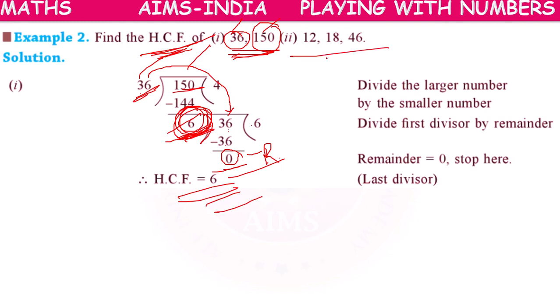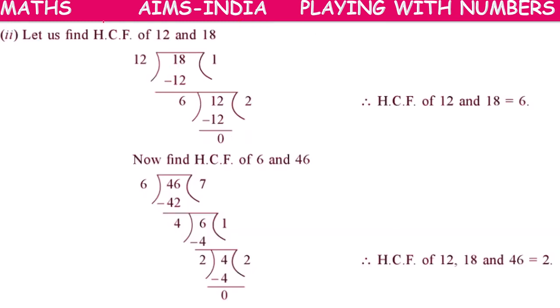Now this example: 12, 18, 46. We have to find the HCF of these 3 numbers. Let's take the smaller 2 numbers first, 12 and 18. 18 is bigger, it becomes the dividend. 12 is smaller, it becomes the divisor. 12 times 1 is 12, 6 is remaining.